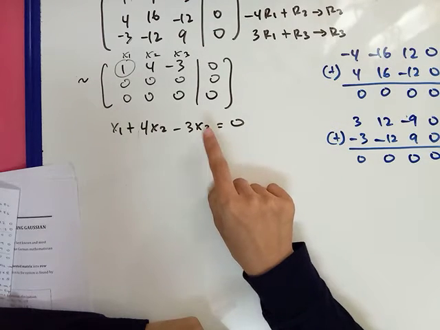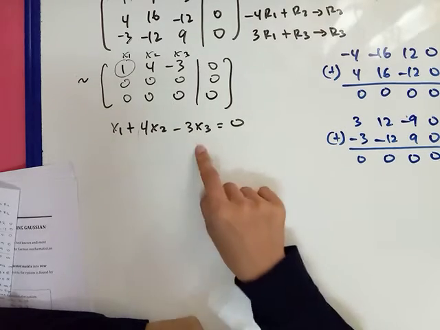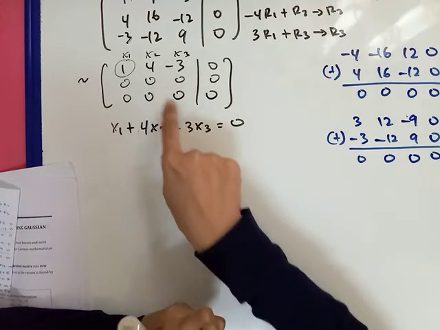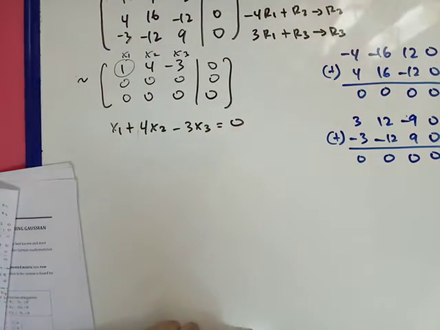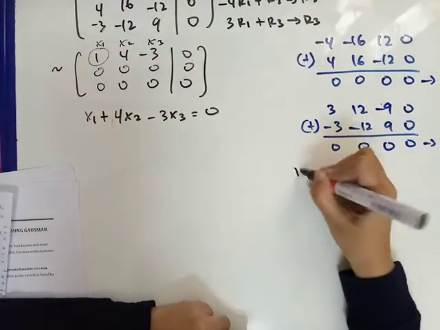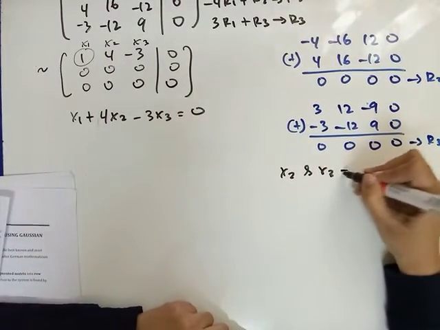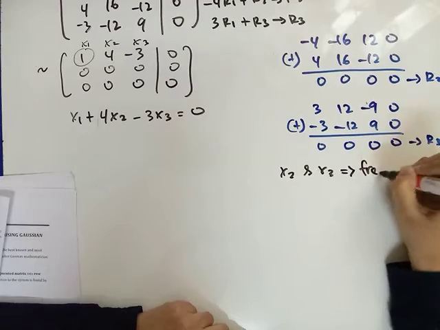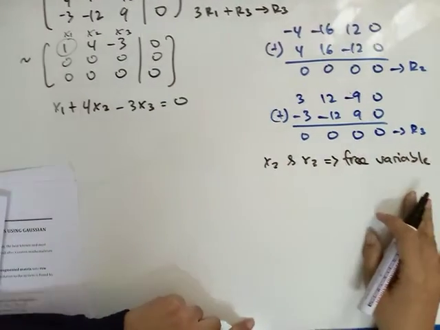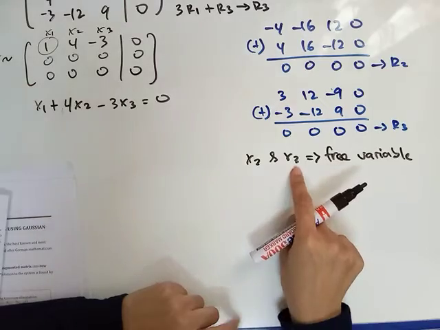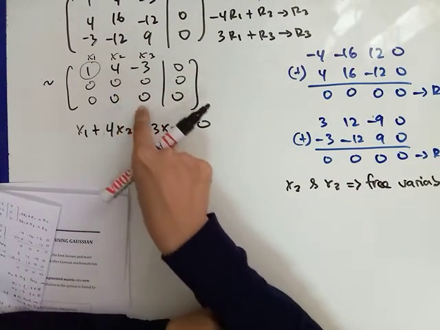So, how do we find x2 and x3? Because x2 and x3 have 0 value rows, we can declare x2 and x3 as free variables, since they don't have a leading one here.